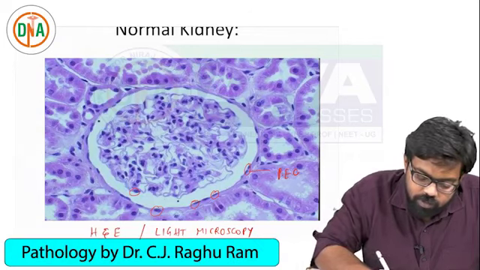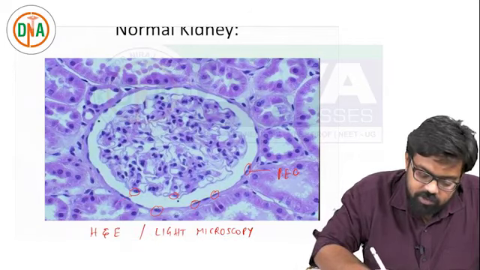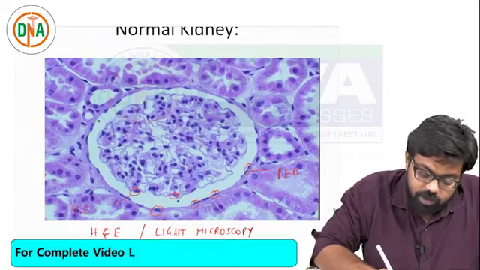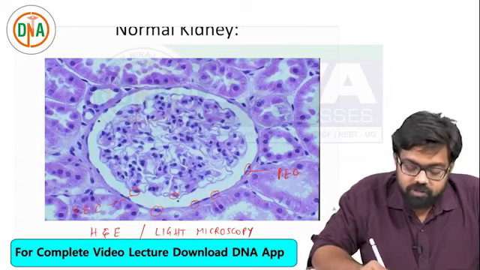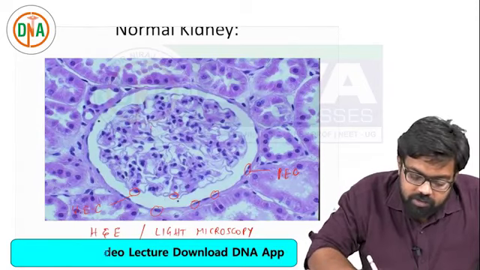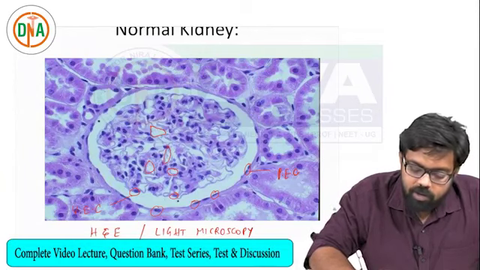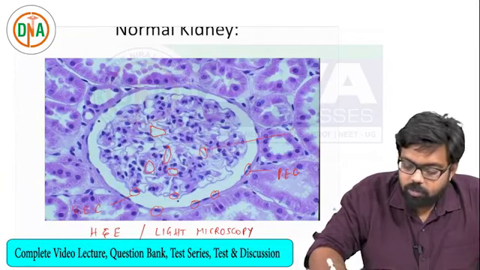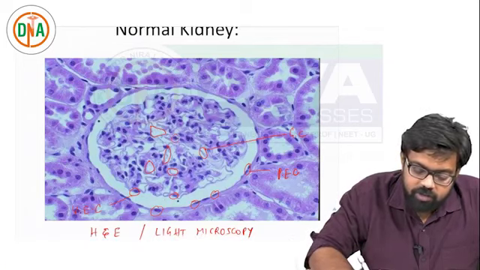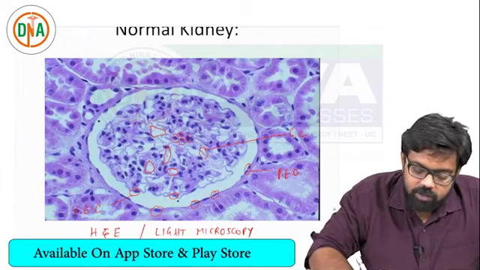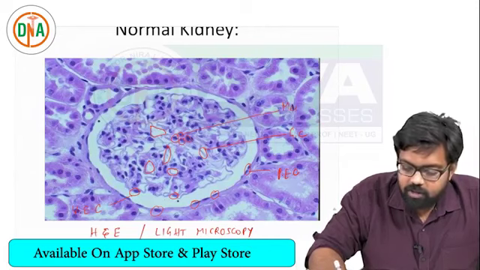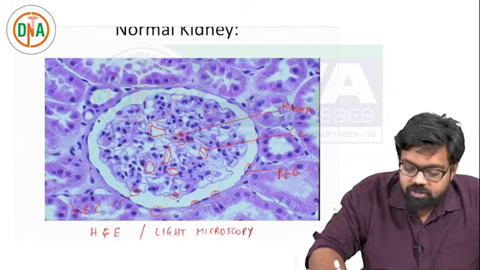This being the nucleus of the visceral epithelial cells. Hope you can make out clearly that the foot processes are not visible over here. And these are the glomerular capillary lumens. In between these nuclei and these cells are nothing but the mesangial cells.